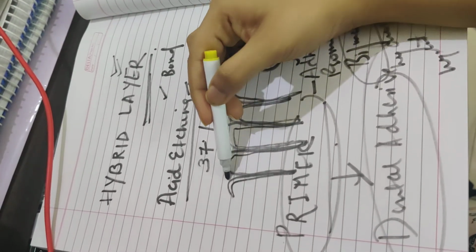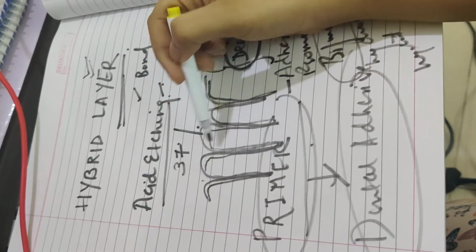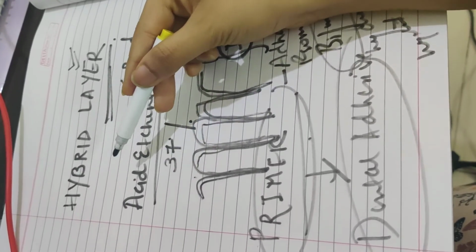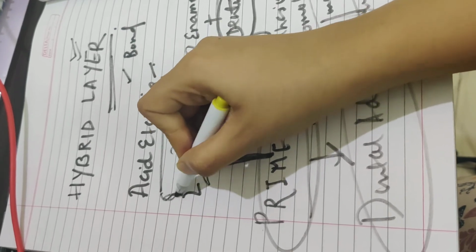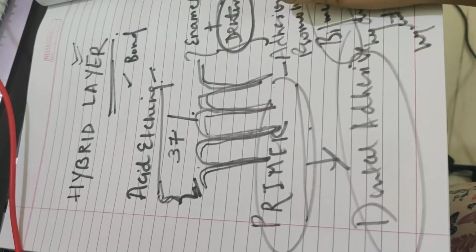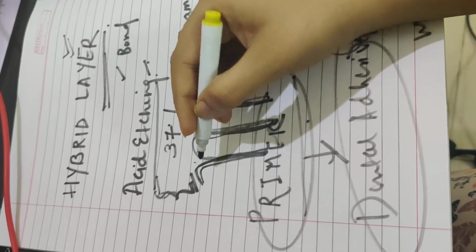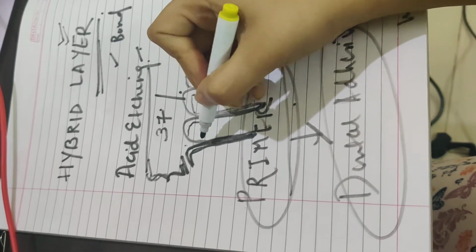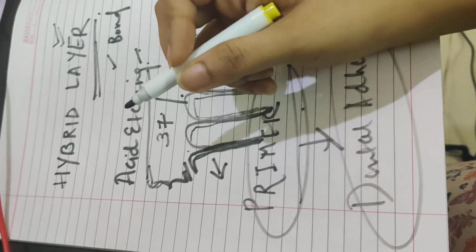Because on one side it will be bonding to the hydrophilic dentine and hydrophilic primer, and on the other side it will be bonding to the hydrophobic composite restorative material.